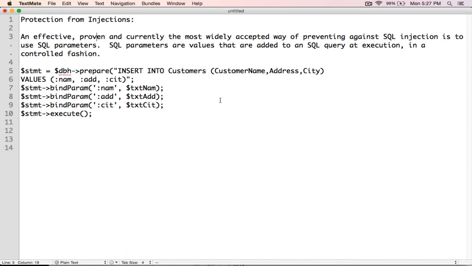So basically, when the information submitted through a form is being processed, you're going to want to basically add a parameter to the SQL query to basically mess it up if it's trying to mess with your system.